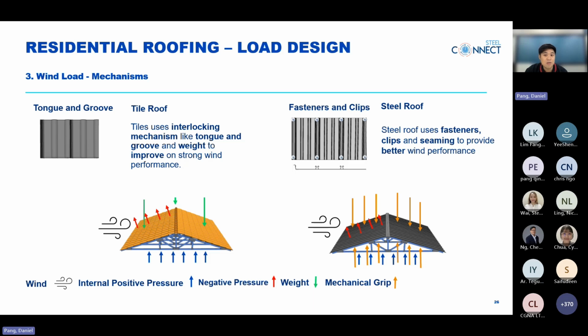With this, the steel roof will have an additional mechanical grip compared to a tile roof, holding from top to bottom. Now we have a clearer view on the tile and steel roof mechanism. Next, we will explore more when the negative pressure becomes too strong.